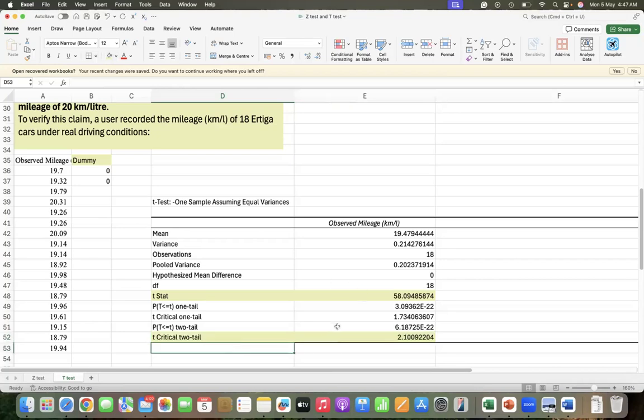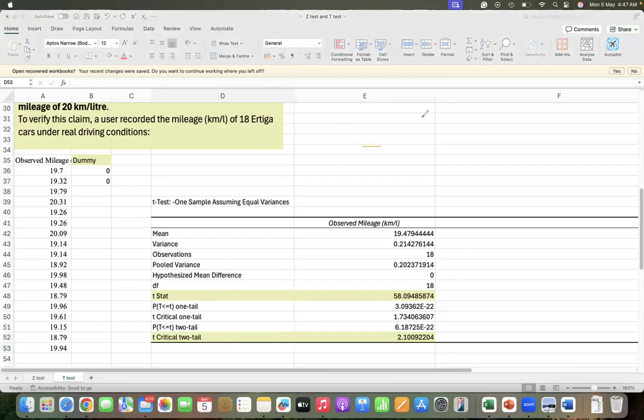Now, the t critical value says 2.100. Critical value means the value with which we compare. The boundaries are 2.100, and here it is minus 2.100.